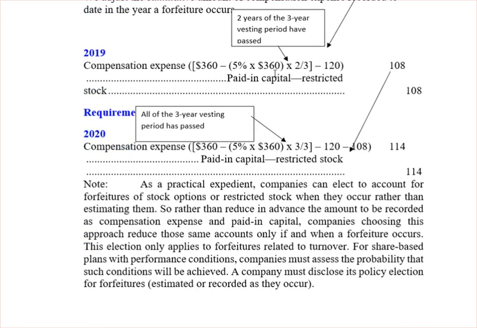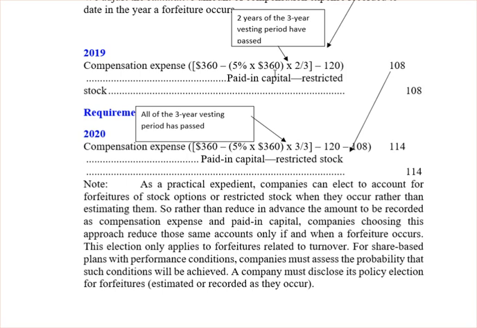I said 94% in the middle, but in the beginning, if you started by taking 100% of the 360 and spreading it, and you need to make an adjustment to an estimate, or you are actually noting that the forfeitures changed and you're not even doing an estimate but just doing the actual, what you need to do is say, where do I need to be at the end and where am I today?